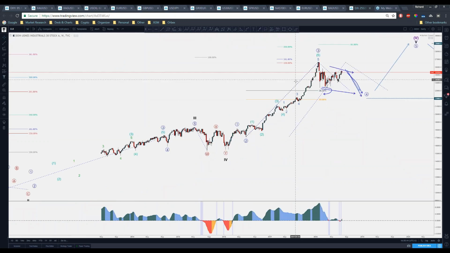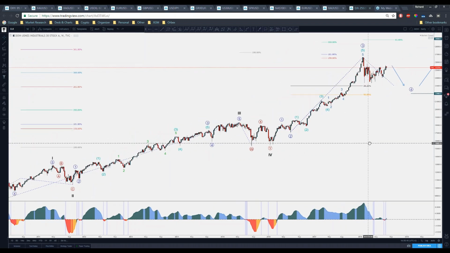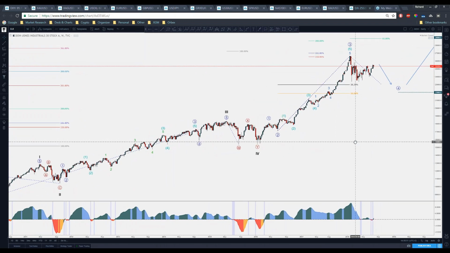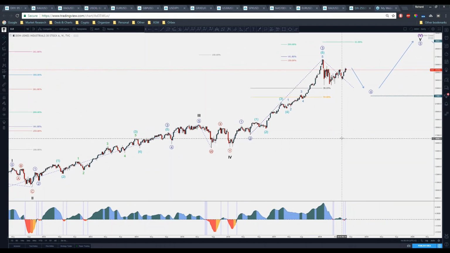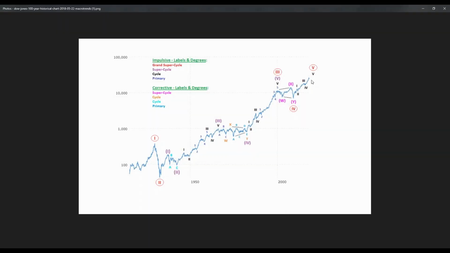Regardless of what it's going to do, the sentiment behind the Elliott waves points towards a great bear market. That's my theory.